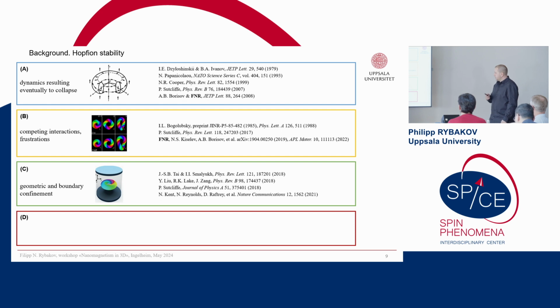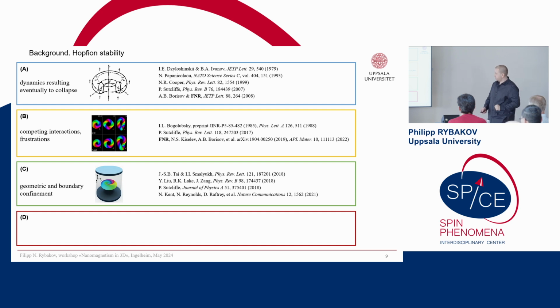Okay, block C. The idea is very straightforward. We can help stabilize a hopfion by confining it in a geometry and fixing a certain boundary condition with extra layers or something like this. The nice thing about this is that we have an experimental realization of this idea in the famous paper by Peter Fischer's group.